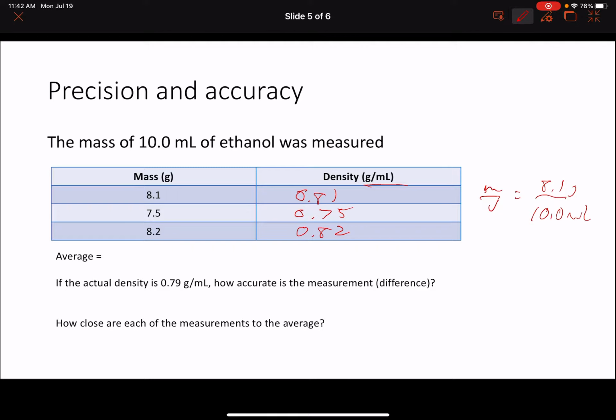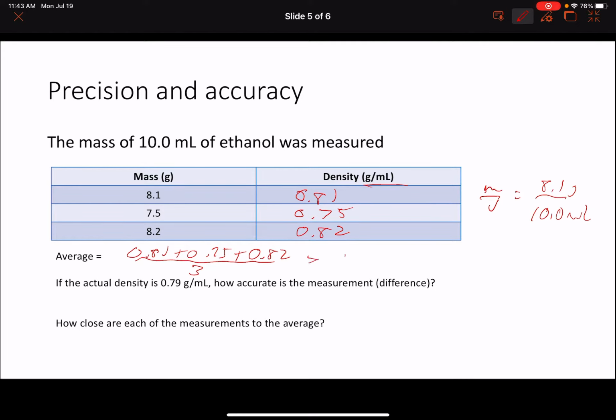So the average is 0.81 plus 0.75 plus 0.82, and we divide that by 3.